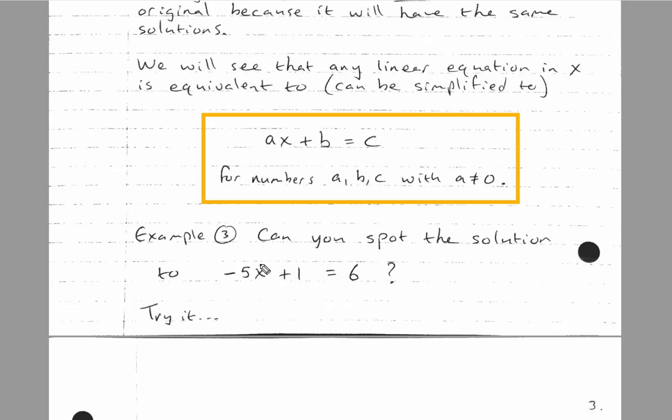Another simple number to try is 1. Negative 5 times 1 is negative 5, plus 1 is negative 4. That doesn't work either. But how about negative 1? If you replace x with negative 1, negative 5 times negative 1 is 5, and 5 plus 1 is 6.